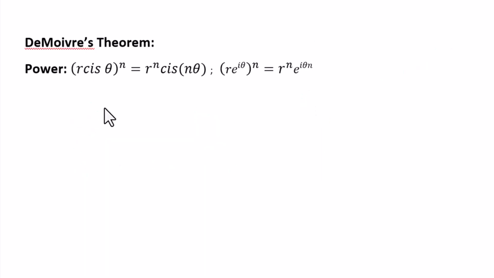Let's talk about power of complex number in polar and Euler form. R CIS theta to the nth power equals r to the nth power CIS n times theta. We call this formula De Moivre's theorem.